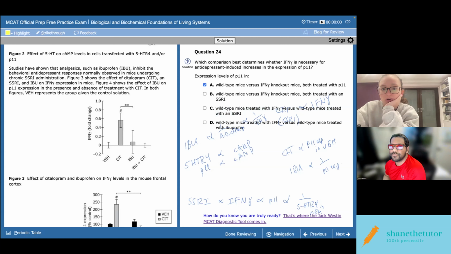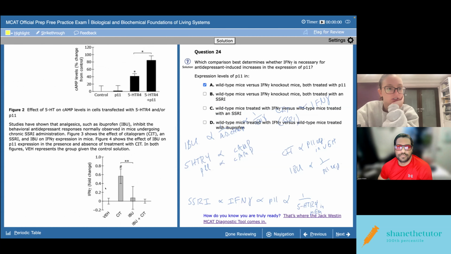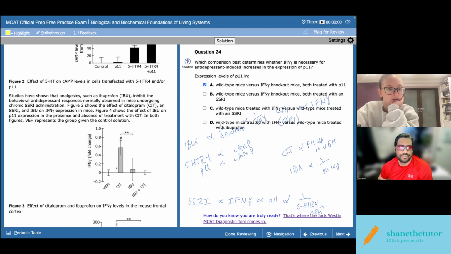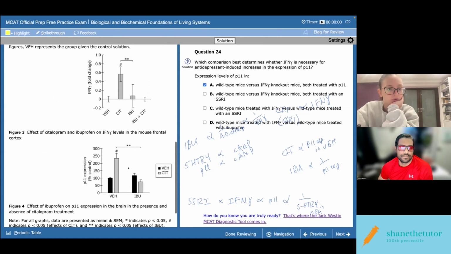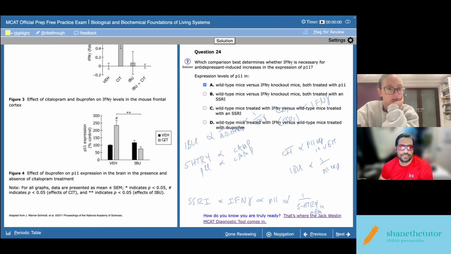Both treated with an. In the graph that was showing P11, it was looking at the SSRI versus ibuprofen. That's for IFN gamma. It's not that they were being treated with this though.